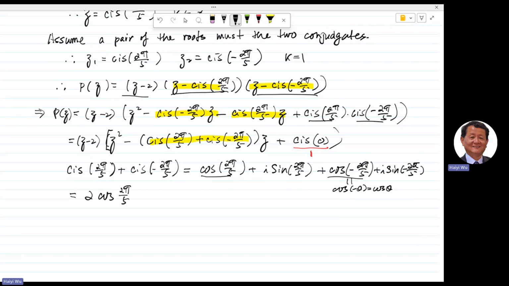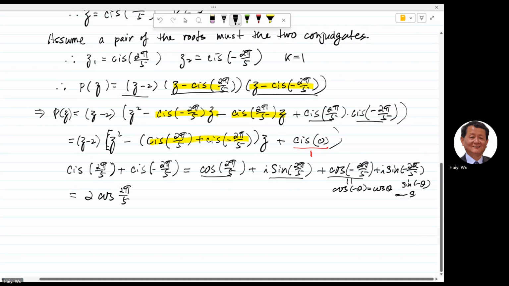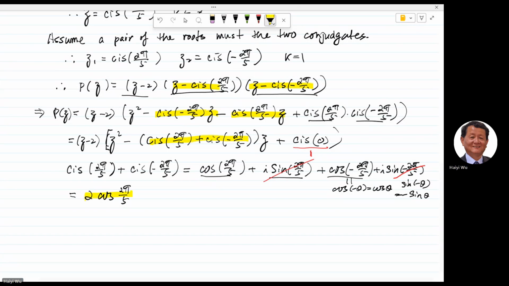So those 2 are collected. And these 2, we know sine negative theta is negative sine theta. So those 2 cancel. So this leaves only 1 term.